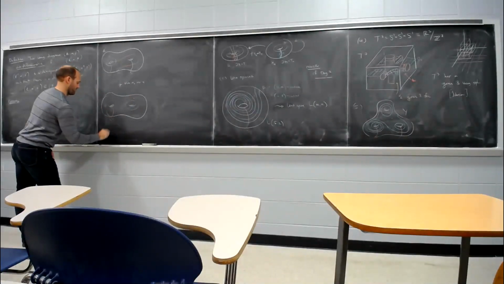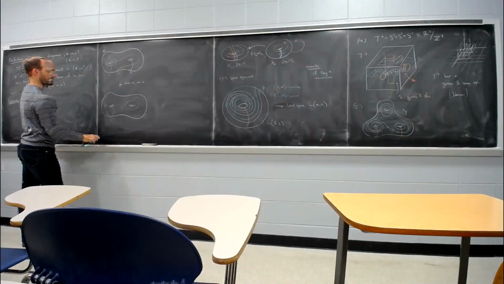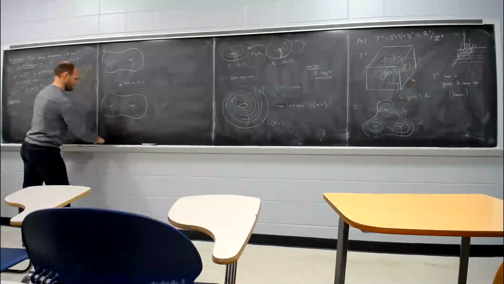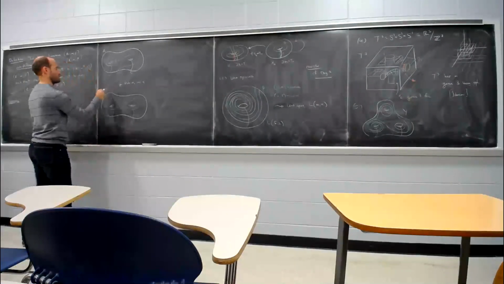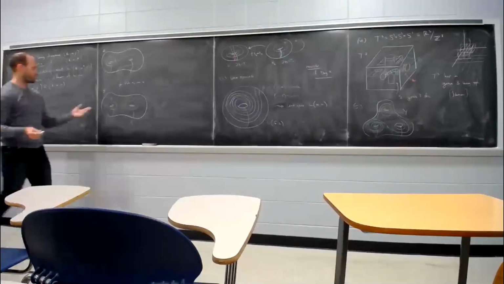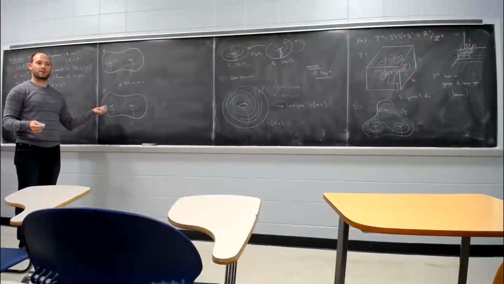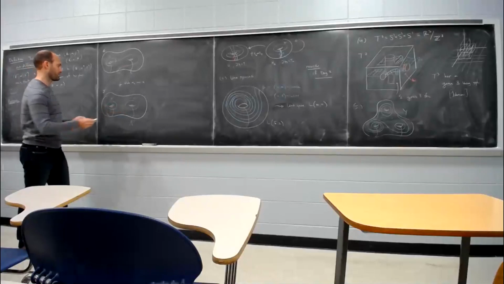I'll call the new copy of alpha 1 prime alpha 1 double prime, and the betas get double prime status as well. And of course, the surface is still sigma. This looks pretty nice because the curves intersect like a Kronecker delta.